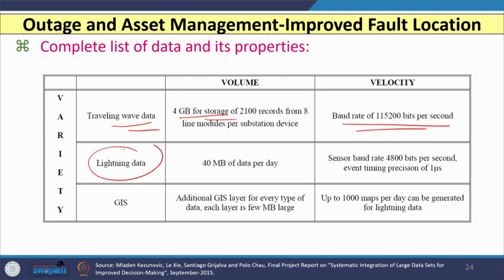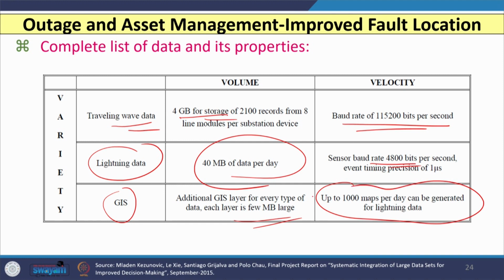If we have lightning data, we have 40 MB of data per day with a baud rate of 4800 bits per second, with a precision of 1 microsecond. And if we have GIS data, then you need an additional GIS layer, and that requires a few MB of storage, and this is up to 100 maps per day. This type of data can be generated.